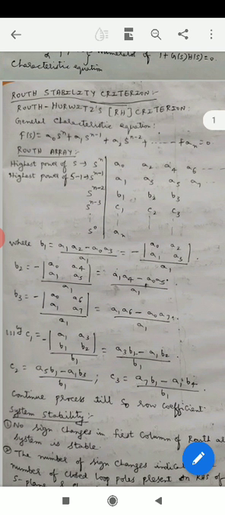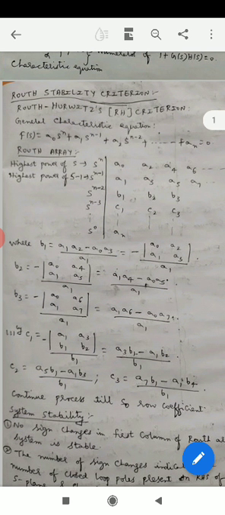Next, s power n minus 2, whose coefficient is a2. Similarly, the next, s power n minus 4, has coefficient a4, and the next, s power n minus 6, has coefficient a6.